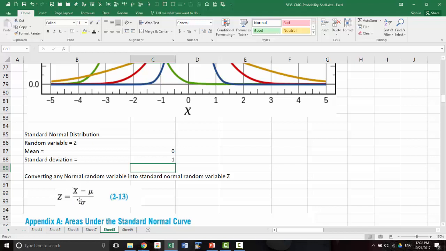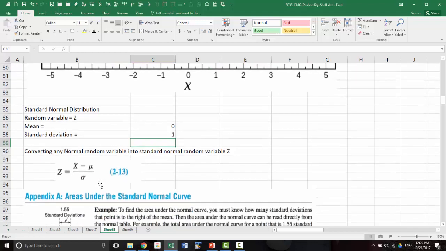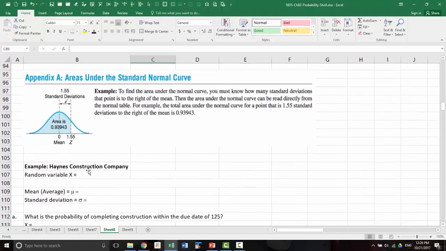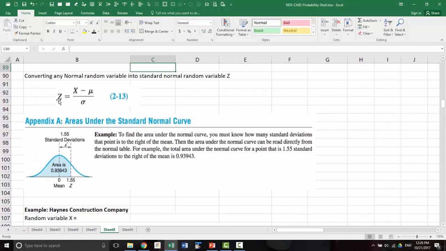If X is any normal distribution, and you subtract its mean mu from X and divide by its standard deviation sigma, then (X minus mu) over sigma will follow the standard normal distribution, mean equal to 0 and standard deviation equal to 1. Therefore, that allows us to tabulate normal distribution areas for just the standard normal curve.